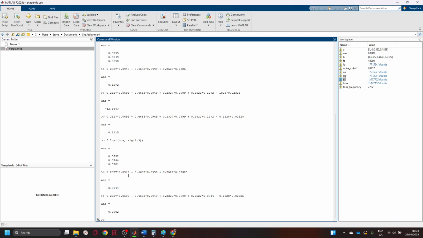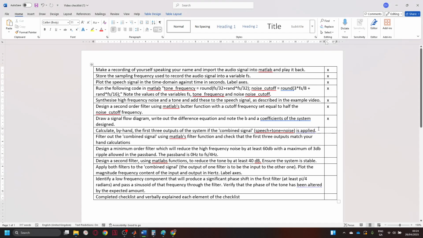The first one we computed by calculator is 0.0232, and next is 0.744, and the final answer is this, all pretty close. As explained in the video tutorials, the slight difference is due to the rounding off, so that's pretty close. Just going to put a check on that one.